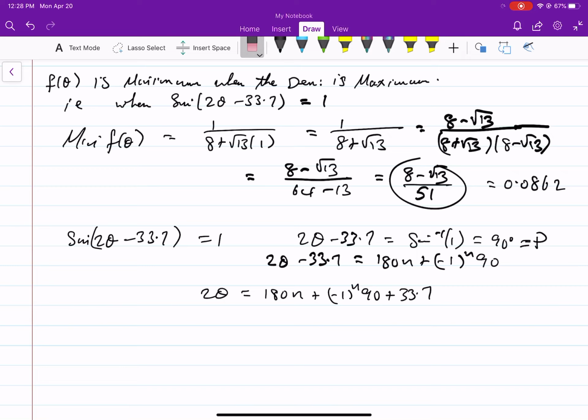And I'll just make this theta one time. Theta here, so therefore you divide that by 2.